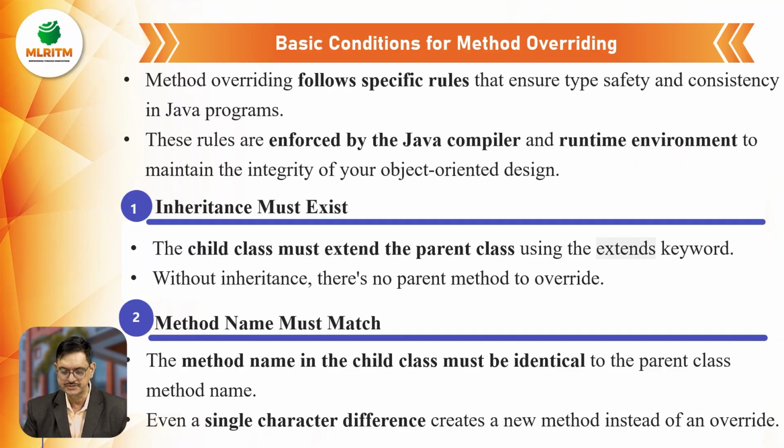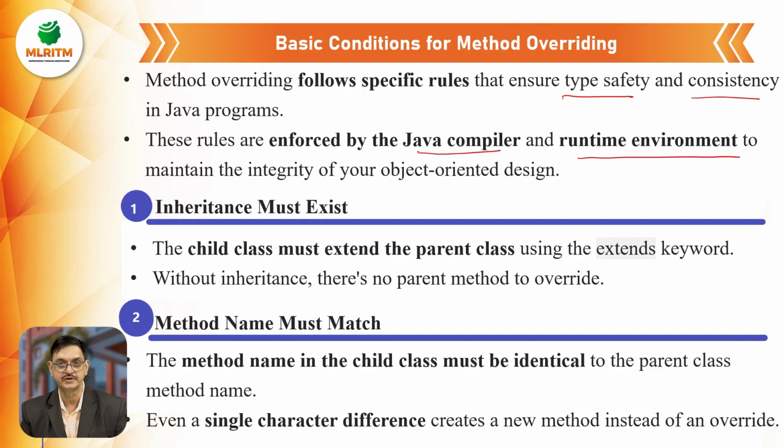Okay, so the specific rules ensure type safety and consistency in Java programs. These rules are enforced by the Java compiler and runtime environment to maintain the integrity of the object-oriented design. Right? What are these particular rules?